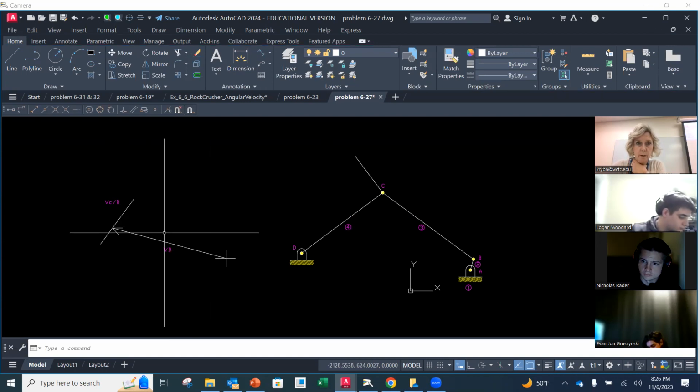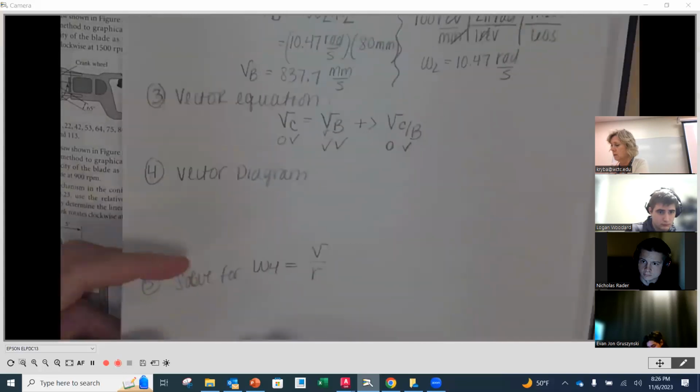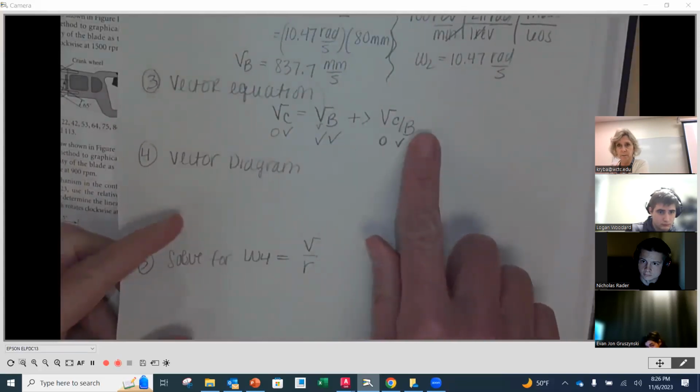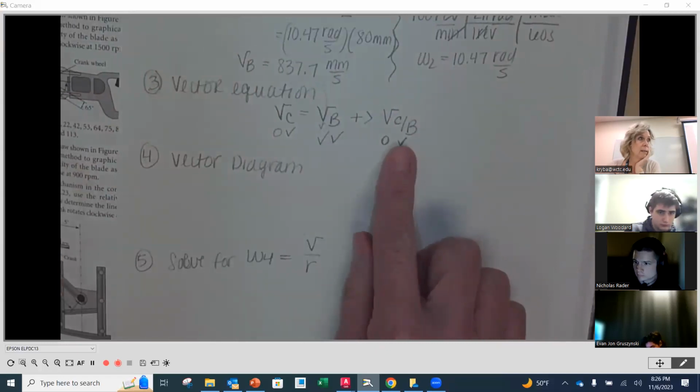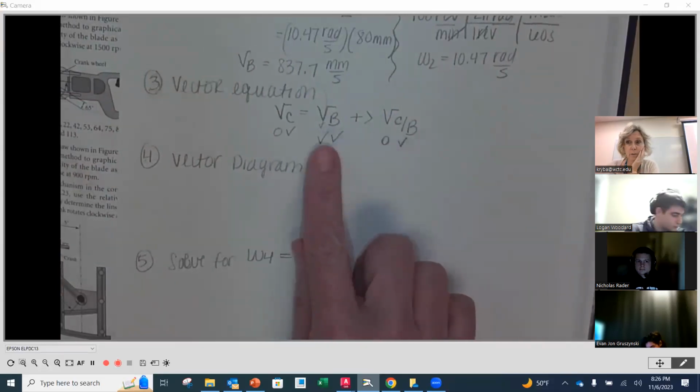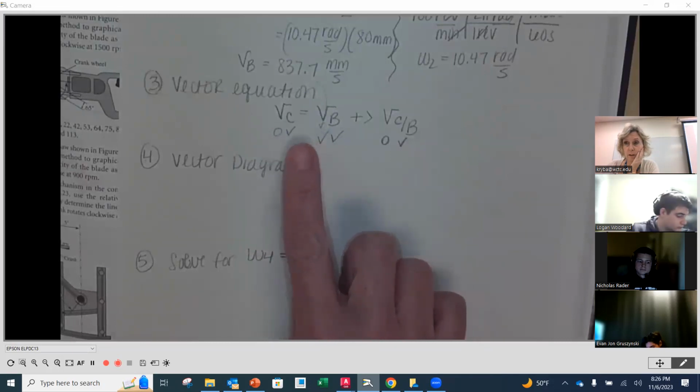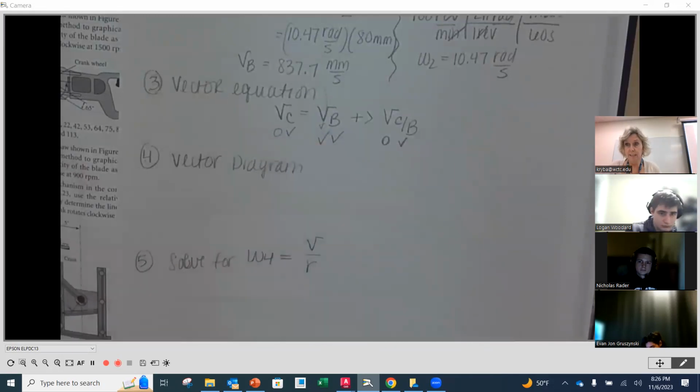Okay. Now that's as far as I can go on the right-hand side of my equation. So I've done this so far. And that's all that I can do because I don't know how long the velocity of C relative to B is. Now I'm going to cross over that equal sign and I'm going to start drawing the velocity of C.